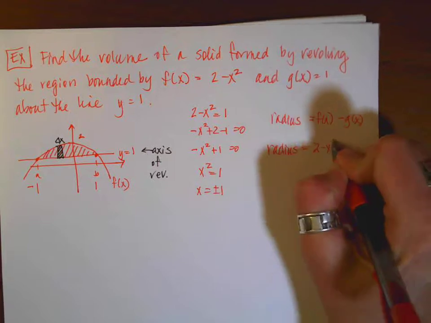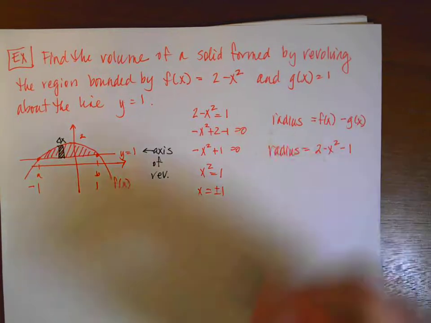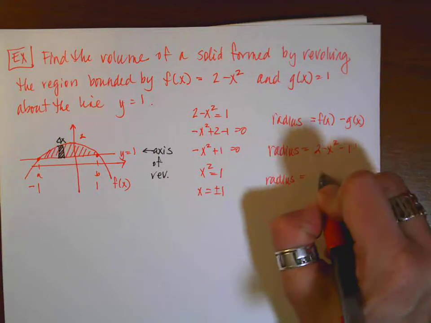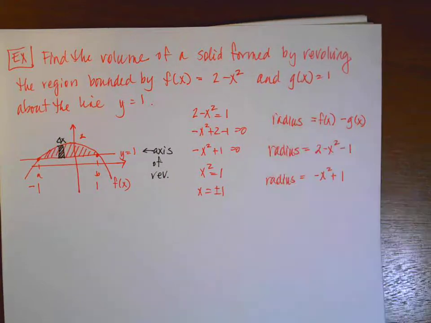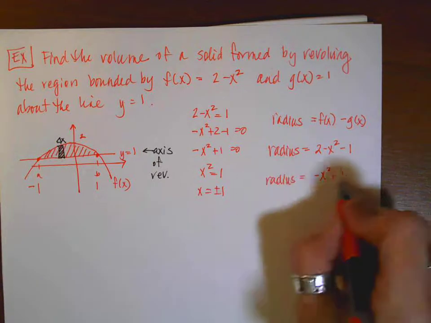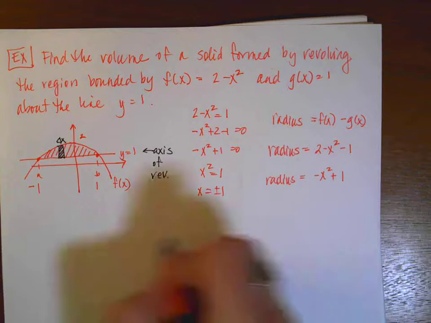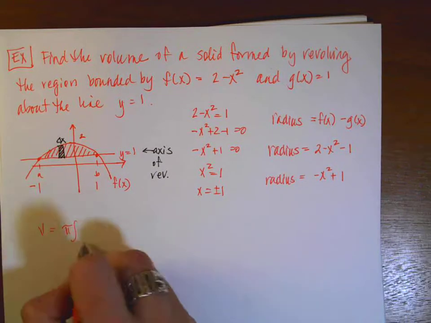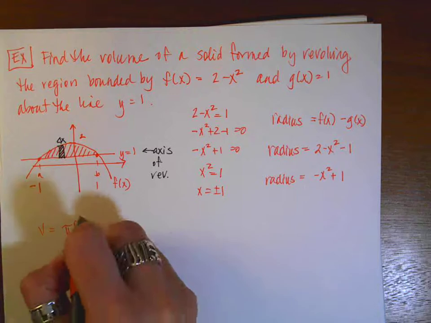So my radius is going to be 2 minus x squared minus 1. So my radius is going to be a negative x squared plus 1. Alrighty? Okay?